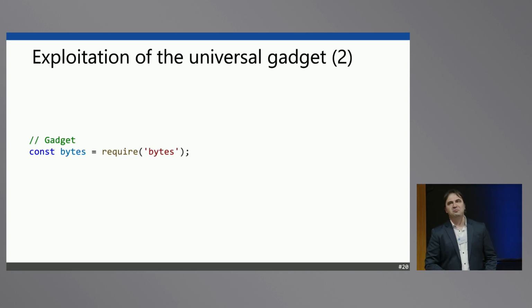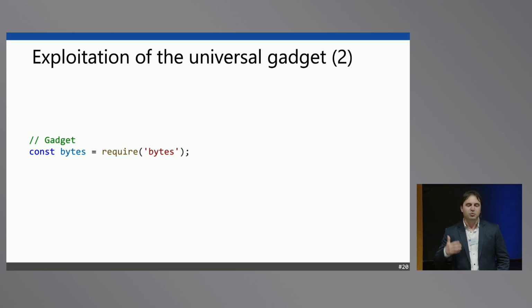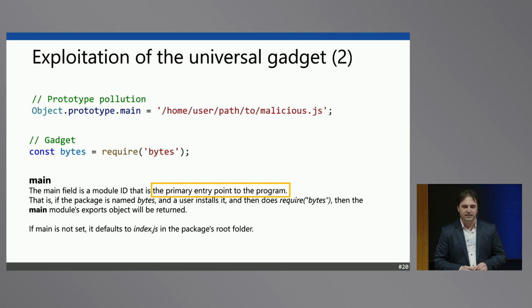One more gadget. So I have this code that is just requiring the library called bytes. This is just parsing basically strings of bytes into doing some formatting. So nothing happens here. Well, it turns out that if I manage to pollute another property that we found before, this is called main. So this is basically specifying where the execution starts.